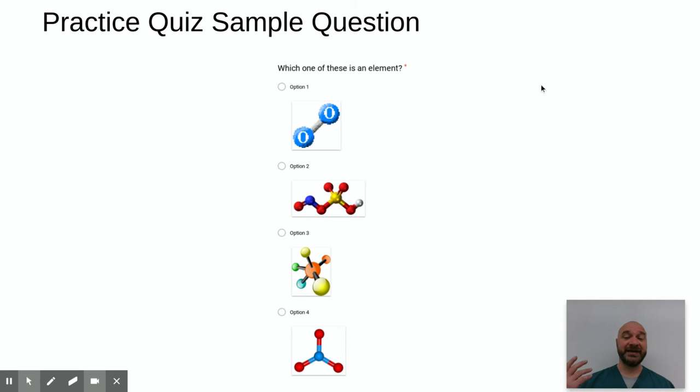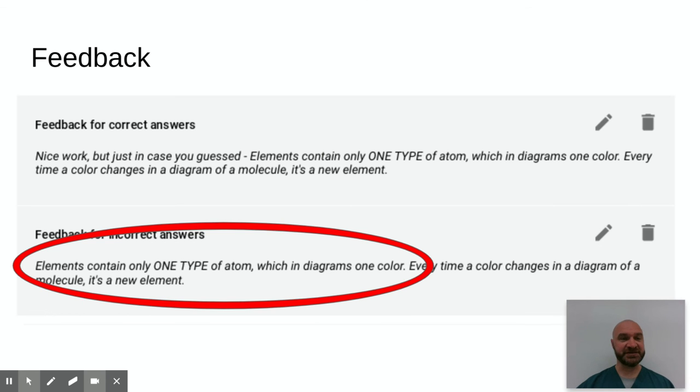Now, whether they got this right or wrong on the practice quiz, here is the feedback. This is the scientific explanation. Here I'm reminding students elements contain only one type of atom, which in diagrams is one color. So if they did know that or they didn't know that, they're going to see this feedback and learn that.